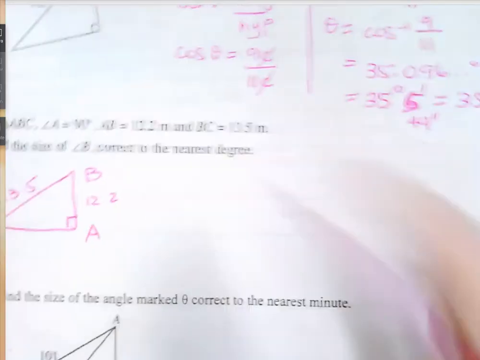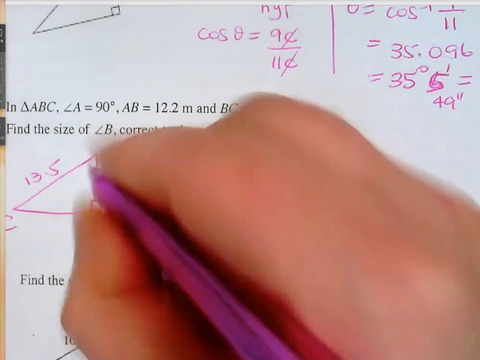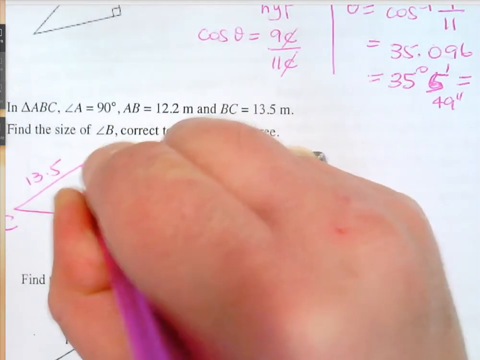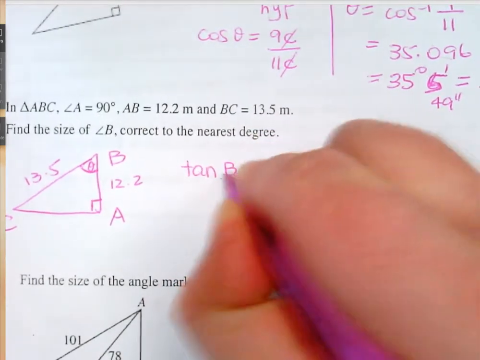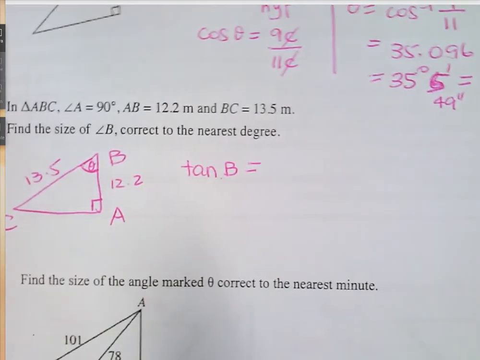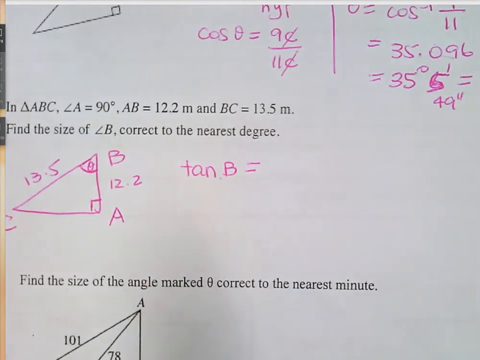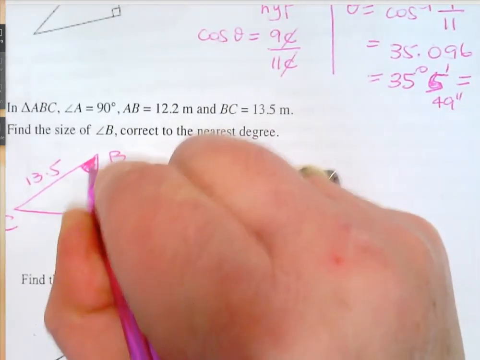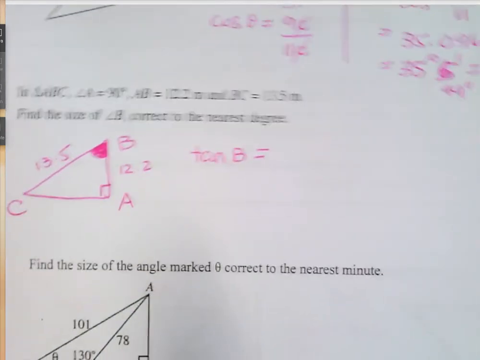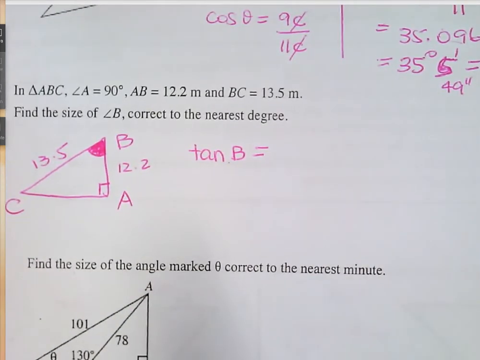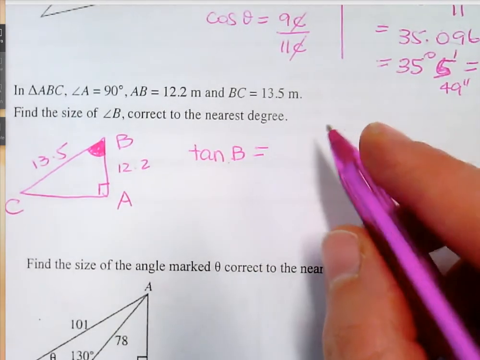Yep. So now I find the size of angle B. I'll call that one theta. I can actually go tan of angle B. I don't have to call it theta. So girls, I'm going to do that so that you just see something different. I want to find angle B. It's not tan, by the way.